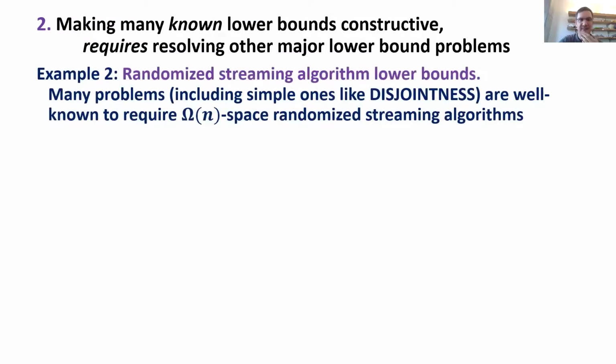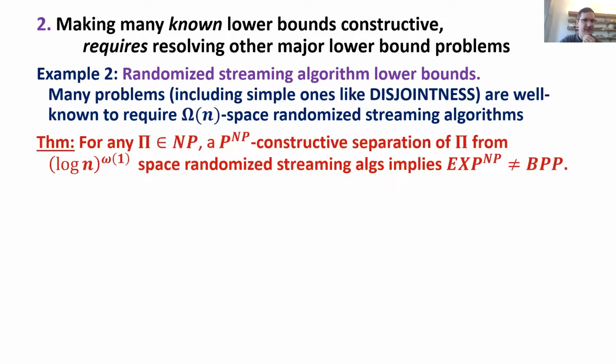The second example is that of randomized streaming algorithms. Many problems, including very simple ones, are well known to require essentially linear space for a randomized streaming algorithm to solve. Another theorem we show is that, take any problem in NP whatsoever. If you can get even a P-to-the-NP constructive separation, so you have a polynomial time algorithm with a SAT oracle that can find bad inputs for a low space randomized streaming algorithm, then you would get another major open problem separation.